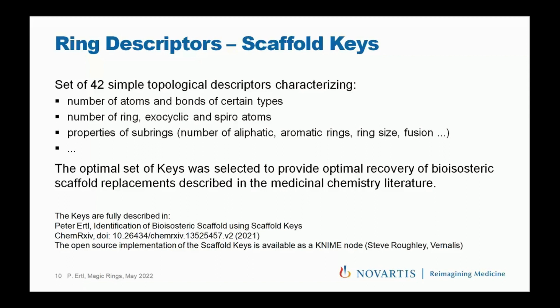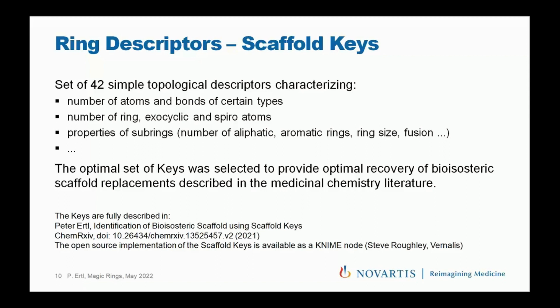And these scaffold keys are simply a set of 42 very simple topological descriptors characterizing the topological composition of our ring system: simply the number of atoms and bonds of certain types, or number of atoms which are in rings, or exocyclic atoms or spiro atoms, properties of subrings, whether they are aliphatic or aromatic, size of the larger rings, type of fusion, and so on and so forth.